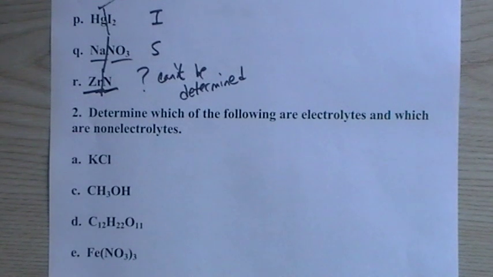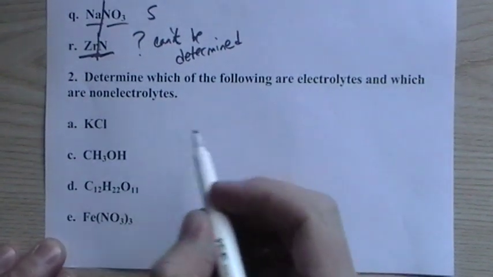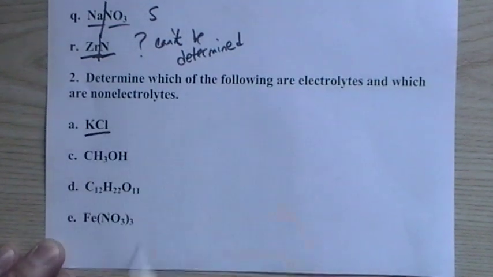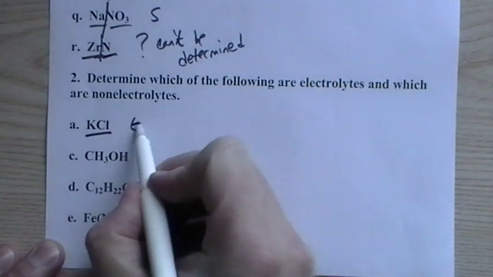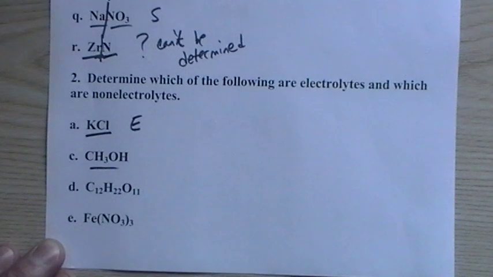Okay, number 2, determine which of the following are electrolytes and which are non-electrolytes. So electrolytes are going to break up into ions and create a fairly strong current. This is an ionic compound, so this would be an electrolyte. This is a molecule. Now, we don't know too much about molecular compounds right now as far as what's soluble and what's not.